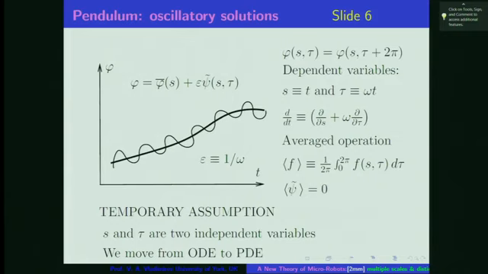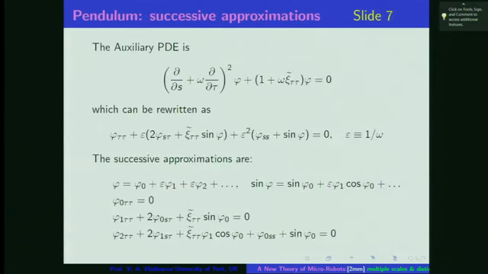We operate with this heuristic step. Mathematically, of course, it should be justified that instead of one time variable, we introduce two independent time variables after, of course, using the chain rule, and we use the average over the fast time only. So this is quite well known.